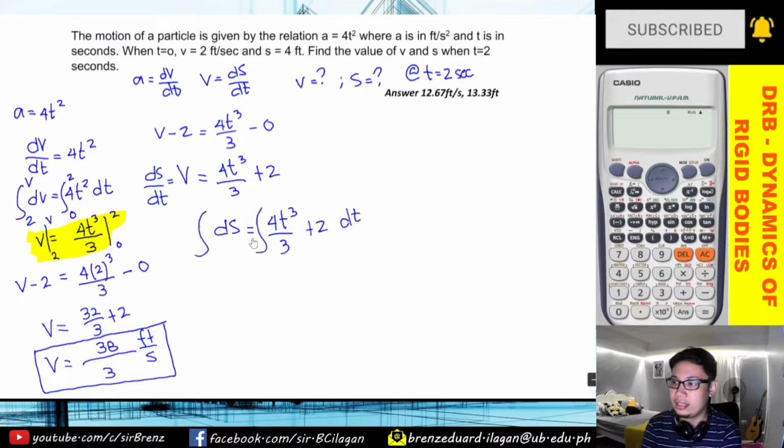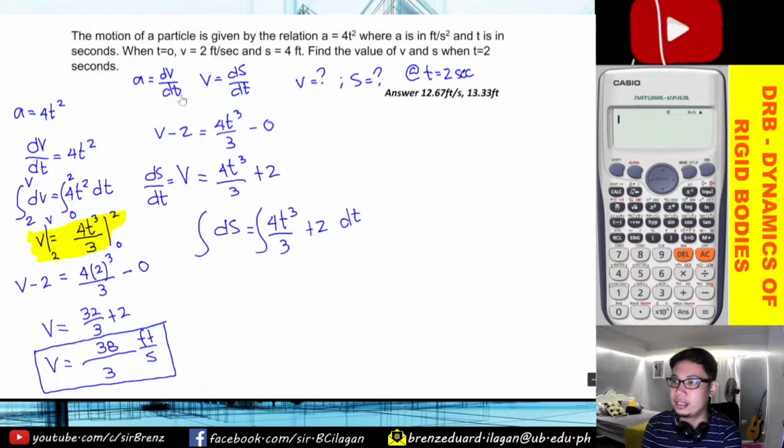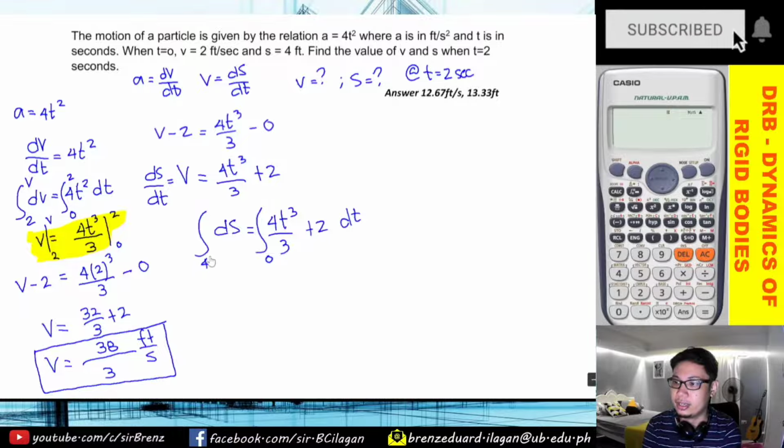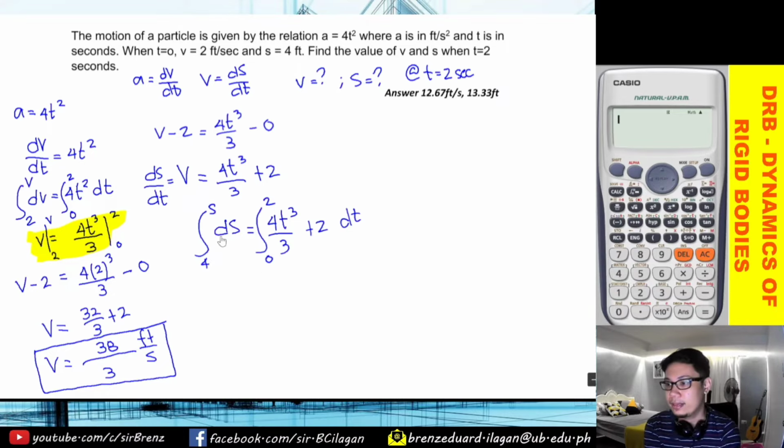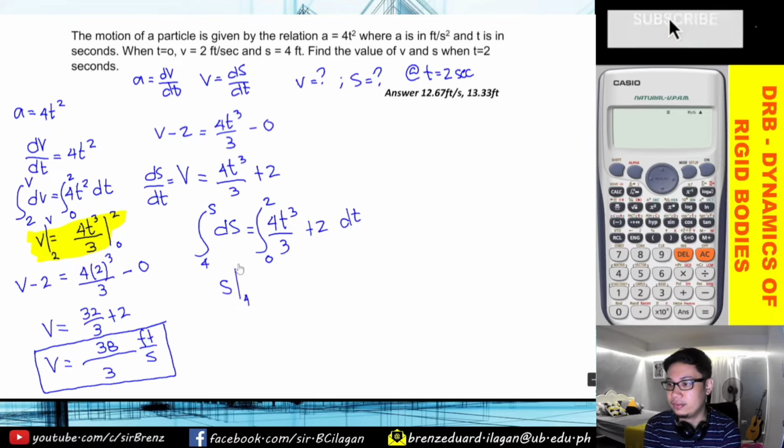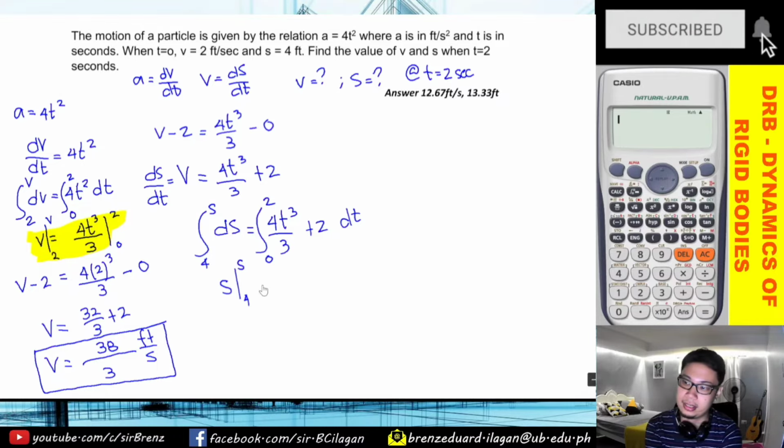Integrate both sides. Again, the lower limit: what is the displacement when time is 0? That is equal to 4. And the upper limit of time will be 2. And this is the unknown, so let's call it s. So the integral of this is s with the limits of 4 up to s.